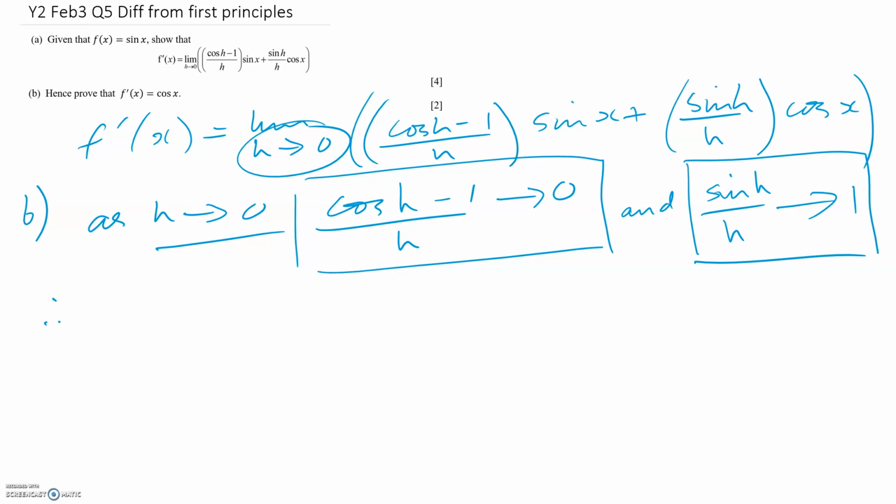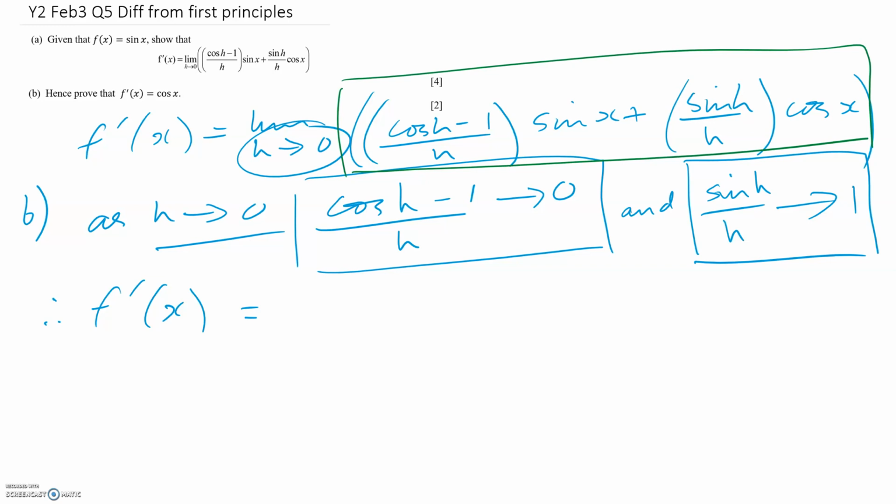So that will give us f dash x, going back to this equation now, we will get 0 times sine x plus 1 times cos x. So this is all going to disappear, which will leave us with f dash x equals cos x.